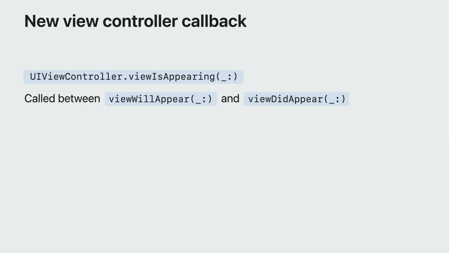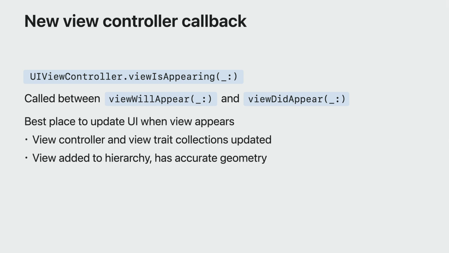View is appearing is the best place to do things each time the view appears. When it is called, both the view controller and the view have an up-to-date trait collection. Additionally, the view has been added to the hierarchy and has been laid out by its superview. This makes view is appearing an ideal callback to run code that depends on the view's initial geometry, including its size.